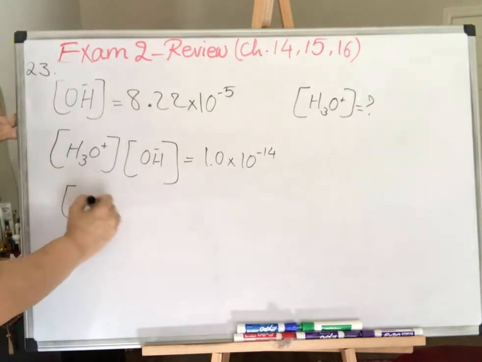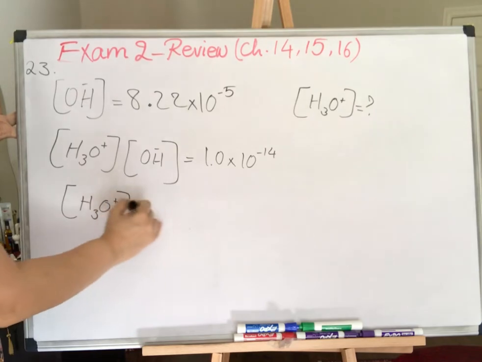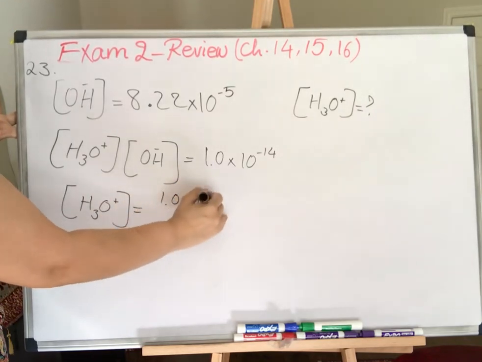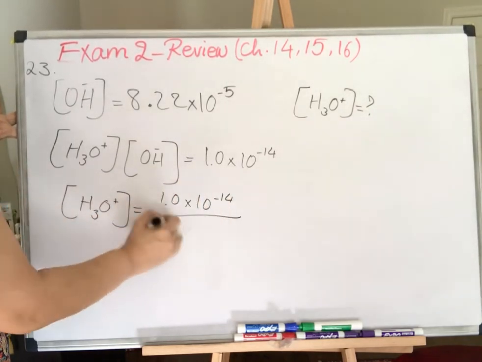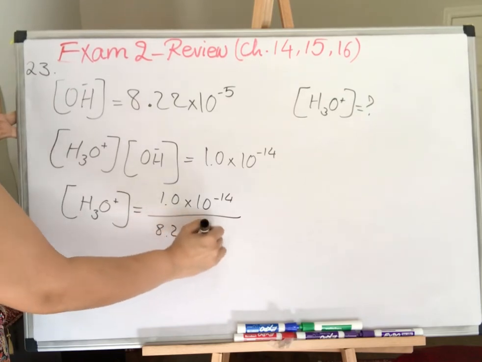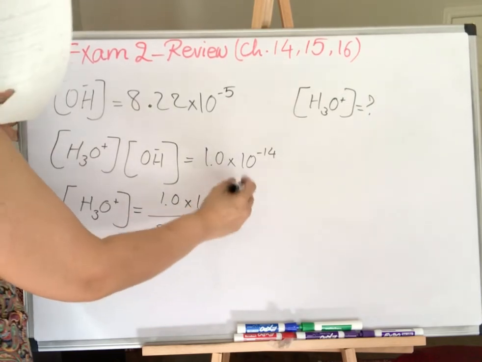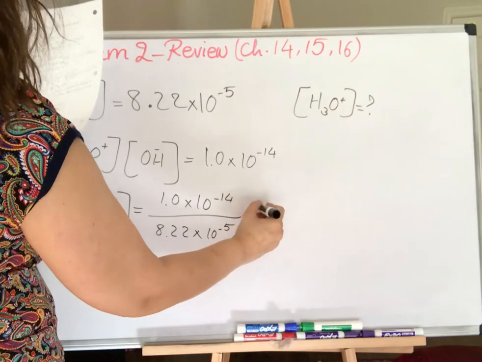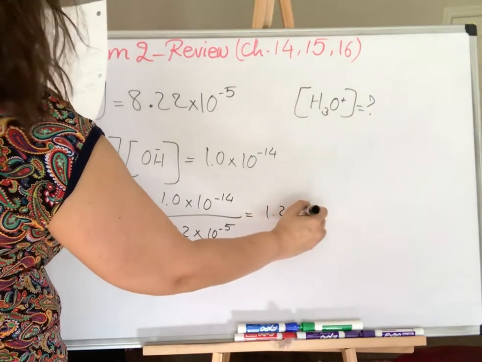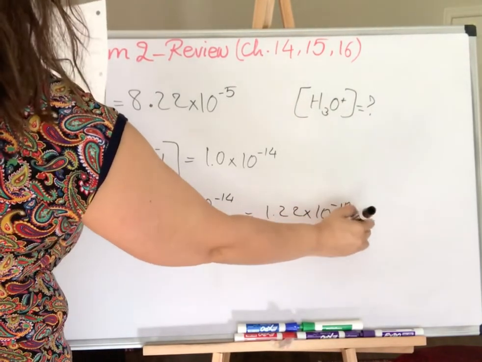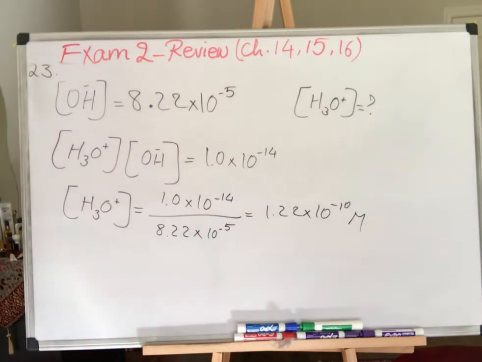So the concentration of H3O is 1 times 10 to negative 14 divided by 8.22 times 10 to negative 5, which will give you 1.22 times 10 to negative 10 molar. You will choose D. I'm sorry, you choose E.